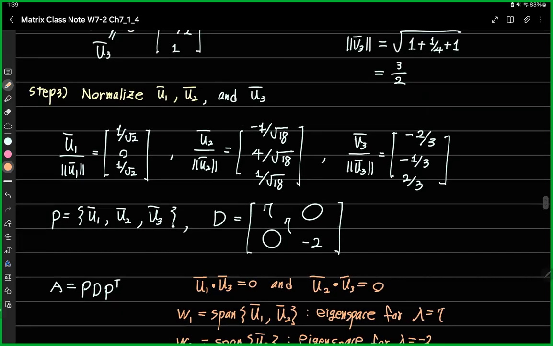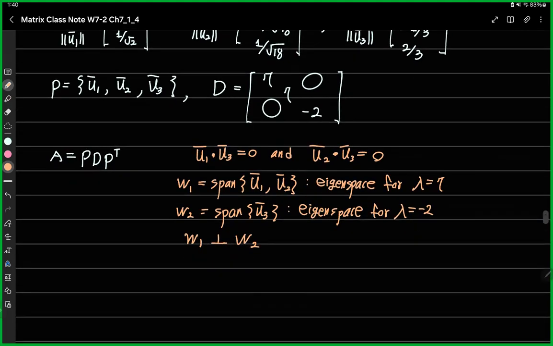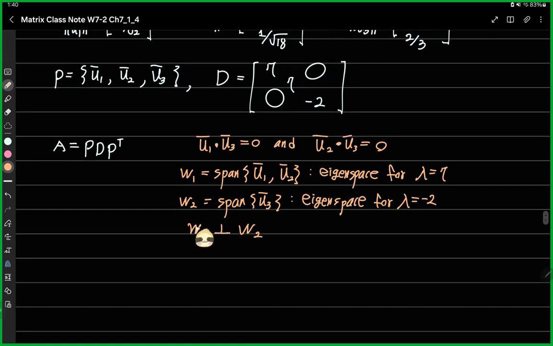Then these two eigenspaces are orthogonal, so W1 is orthogonal to W2. So if a matrix A is symmetric and you find an orthonormal basis of eigenvectors, then the eigenspaces for different eigenvalues are orthogonal. That means any vector from W1 is orthogonal to any vector in W2.